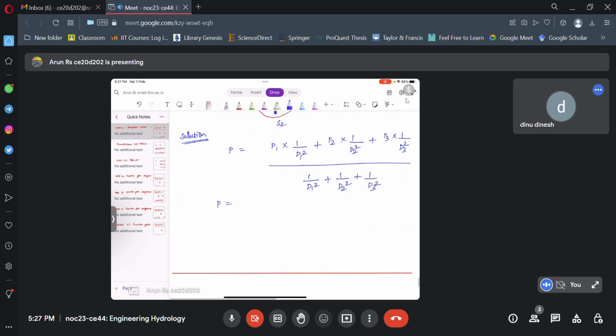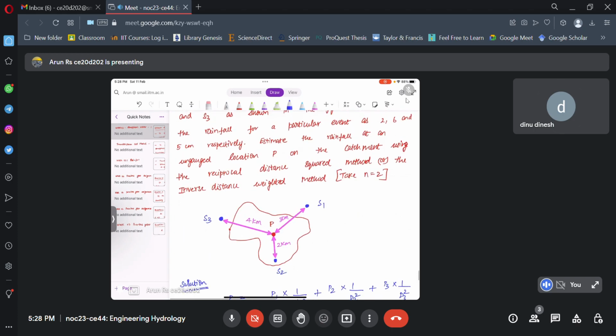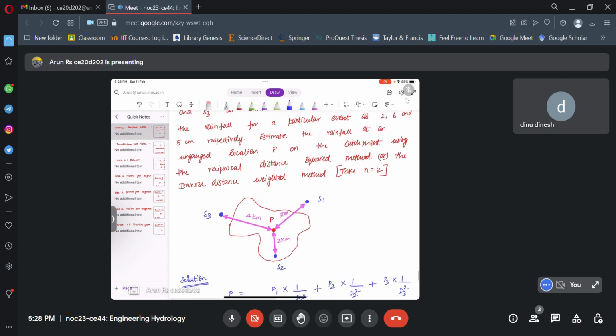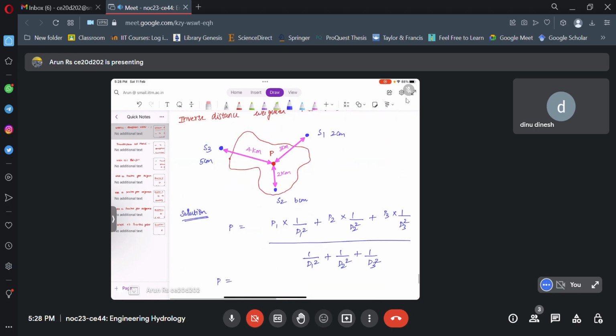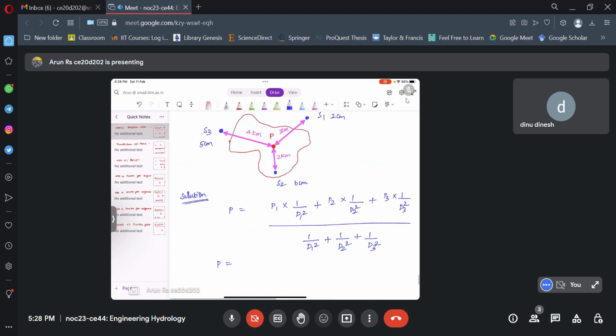precipitation at station 1 is given as 2 centimeters, this is 6 centimeters, and this is 5 centimeters. So 2 centimeters into 1 by distance square. Station 1 is 3 kilometers, so 1 by 3 square, plus precipitation 2 is 6 centimeters into 1 by 2 square.